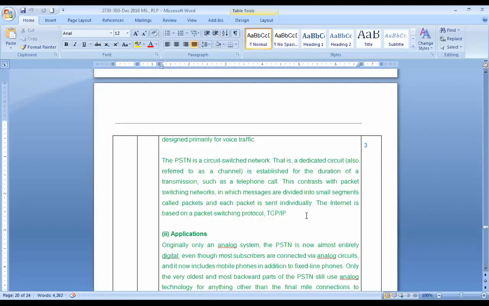The internet is based on the packet switching protocol, so we also call it TCP/IP. Does someone know the full form of this? TCP/IP. Anybody knows the full form of it? Sir, is it internet protocol? Good, IP is good. How about TCP?